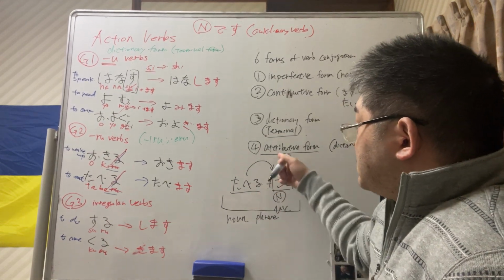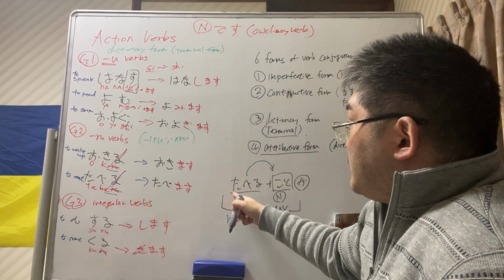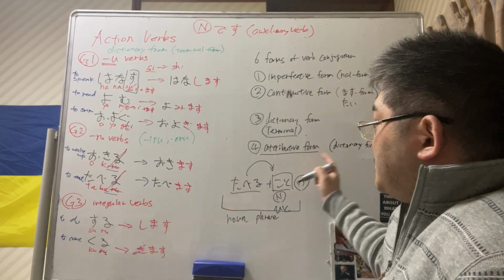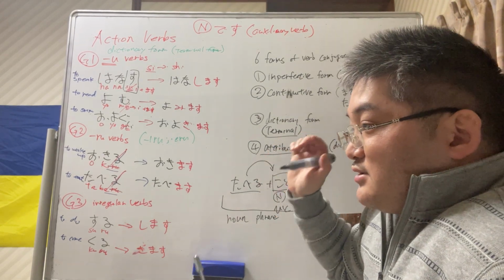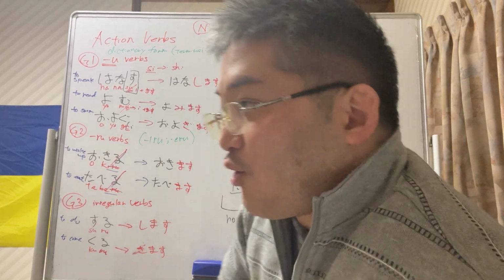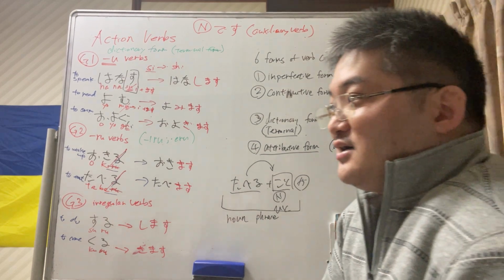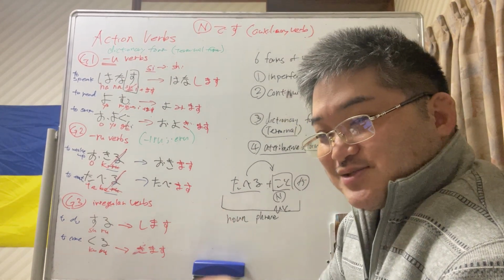Basically, you use the dictionary form, but if you use the dictionary form, you have to end the sentence. But the attributive form is kind of old philosophical jargon, like when you are cornered in your argument, you just make a distinction.